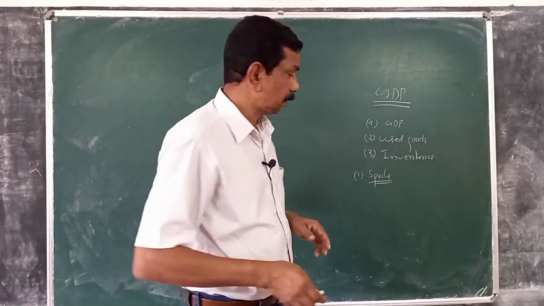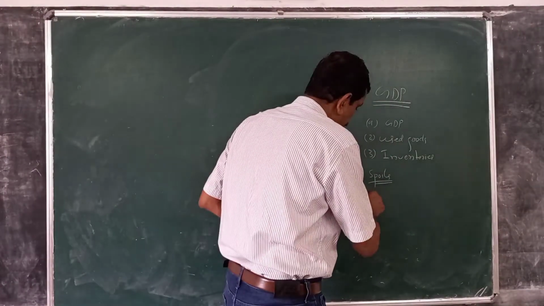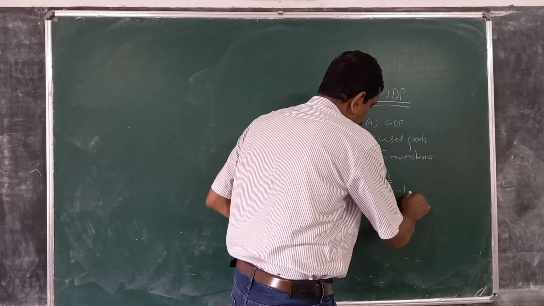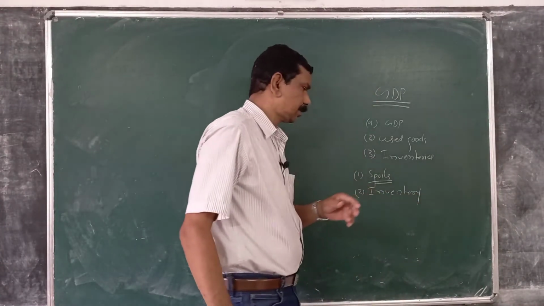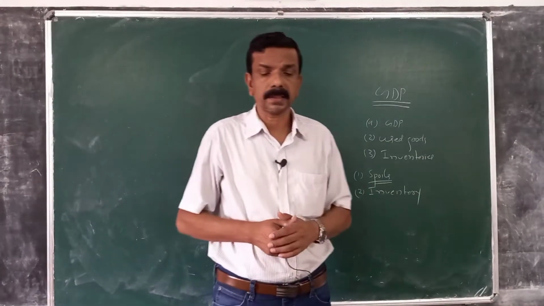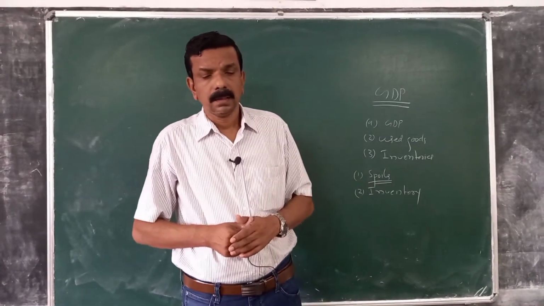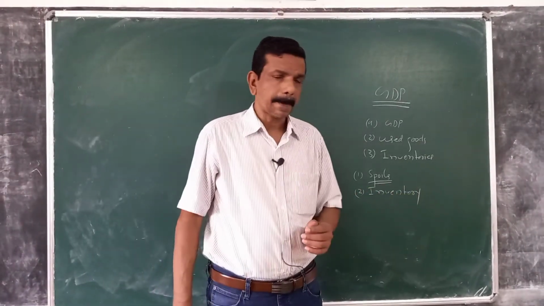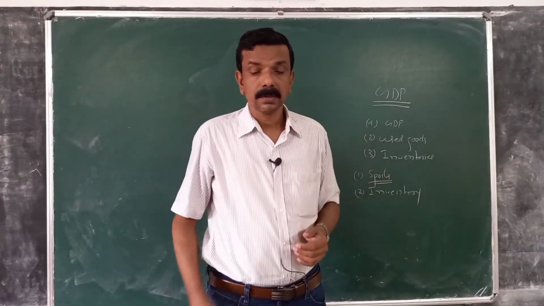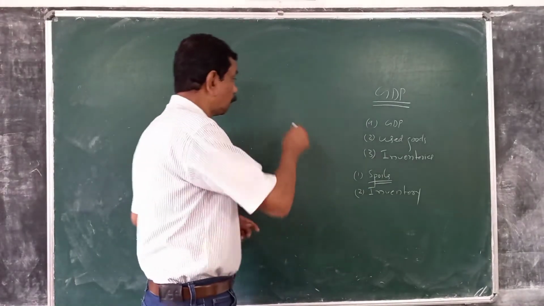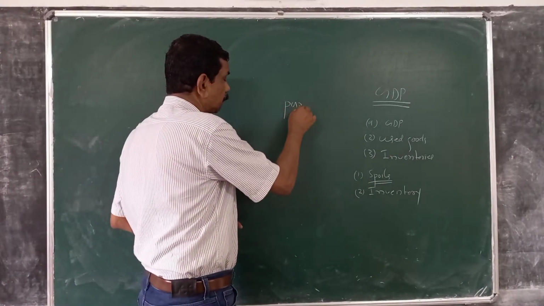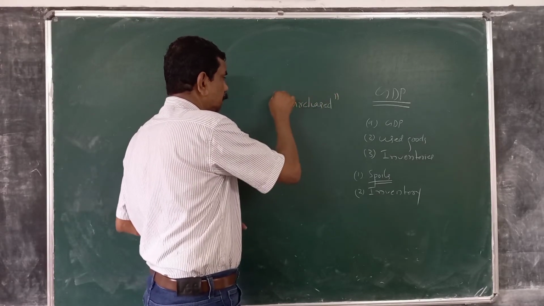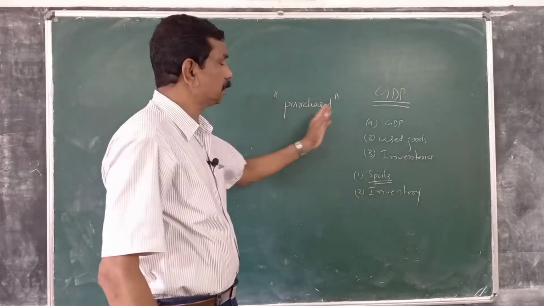The second case is, it is kept as inventory, not sold. It will be sold at a later time period. Now, if it is kept as inventory, not sold, we assume that the owner himself purchased the commodity.